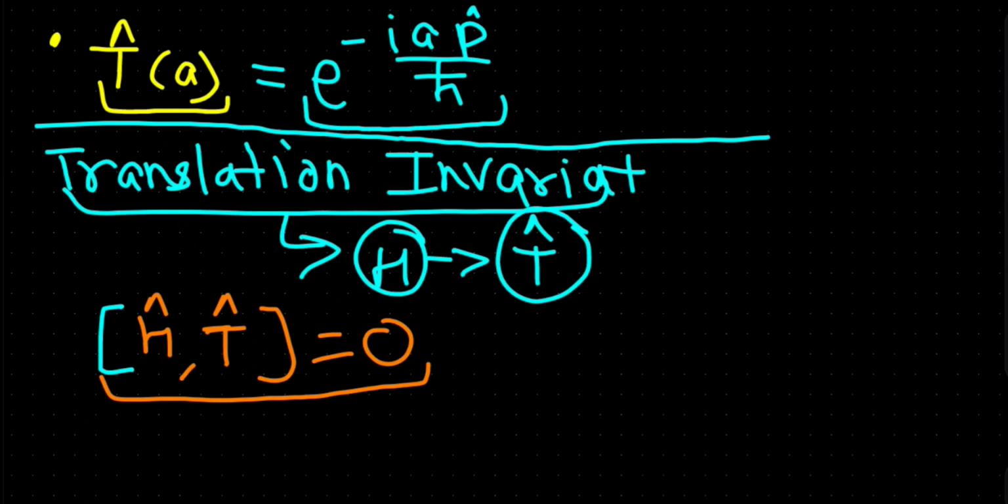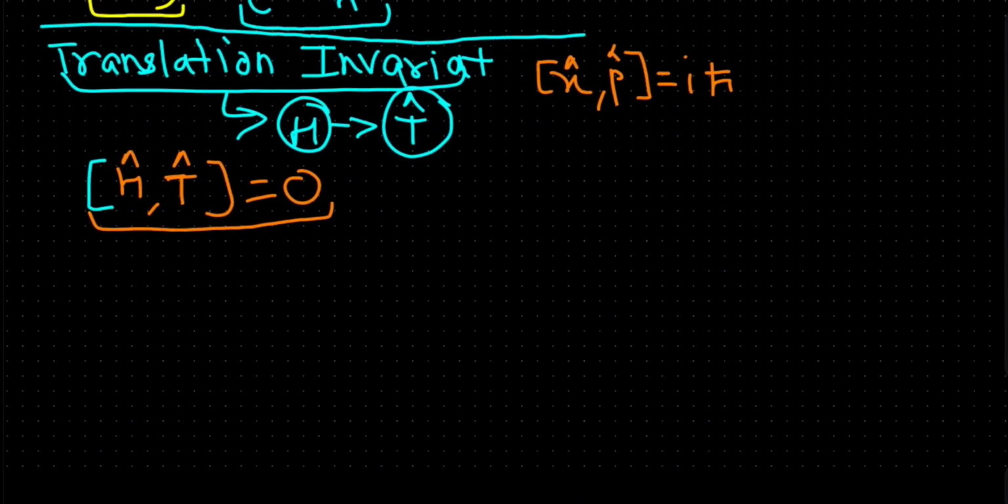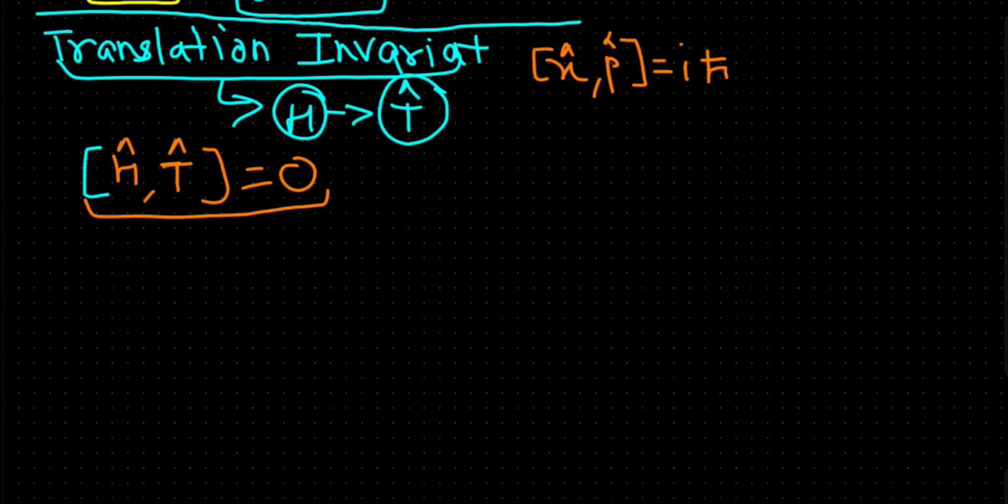I have discussed this in the case of momentum and position, where the commutation relationship between momentum and position is i h bar, but in this case it is 0. Why? Because the Hamiltonian remains unchanged when there is a translation symmetry. You apply your translation operator, but the Hamiltonian remains unchanged, and that is the basic formulation, and we are going to discuss how this leads to momentum conservation.